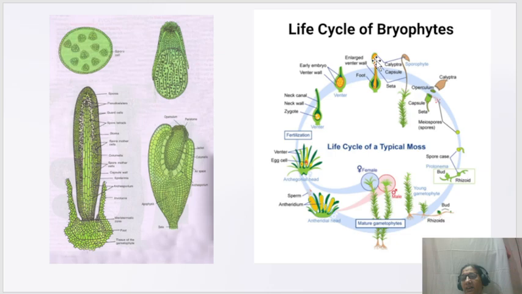When the spores are developed in the capsule, it will open by the calyptra and the spores will fall down, and then a primary gametophytic structure will develop, which is called the protonema, and this later will develop into a young gametophyte. So the majority of the life cycle consists of the gametophytic phase, and the diploid sporophyte is dependent on the gametophyte. We call it the haplodiplontic type of life cycle.